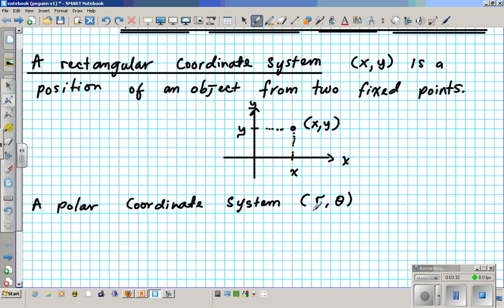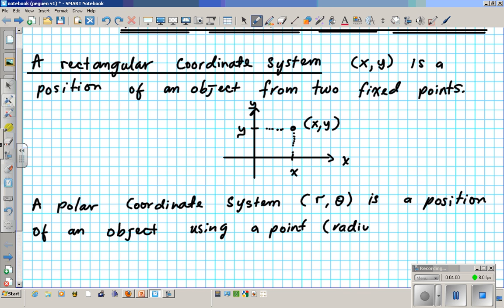So a polar coordinate system, r, theta, is a position of an object, just like before, of an object using a point known as a radius and an angle.